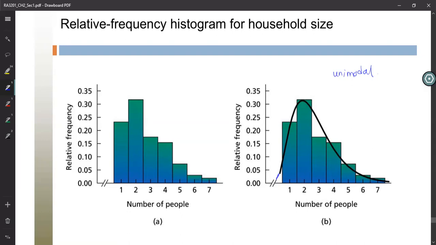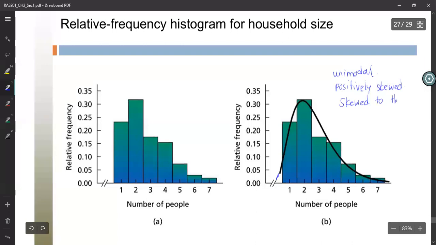See, the right tail is longer than the left tail. So this is positively skewed or right skewed or skewed to the right. You can use either way of explaining it. Okay.